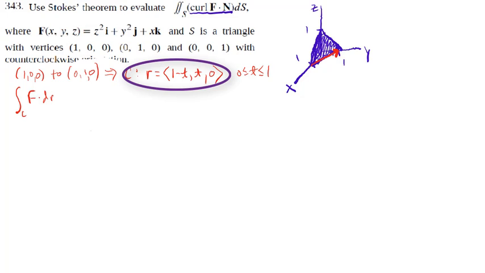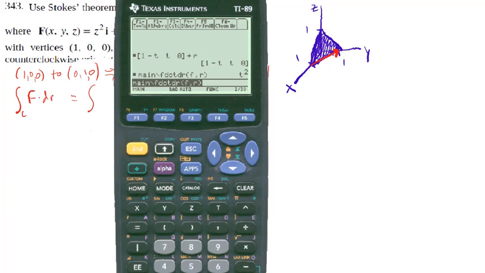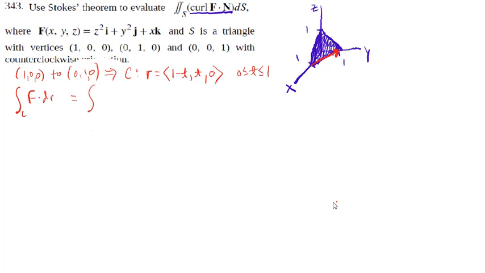We can just give those two quantities to our function, and it'll give us this integrand. So my TI 89 gives me F dot dr to be t squared. And now we want to do the integral of t squared dt from 0 to 1. That comes out to be 1/3.